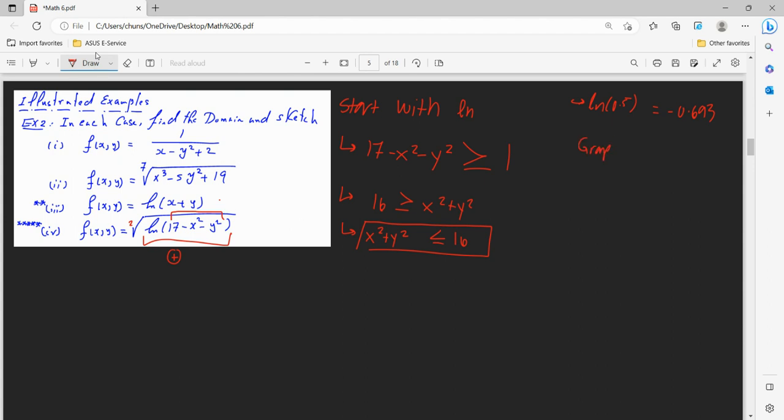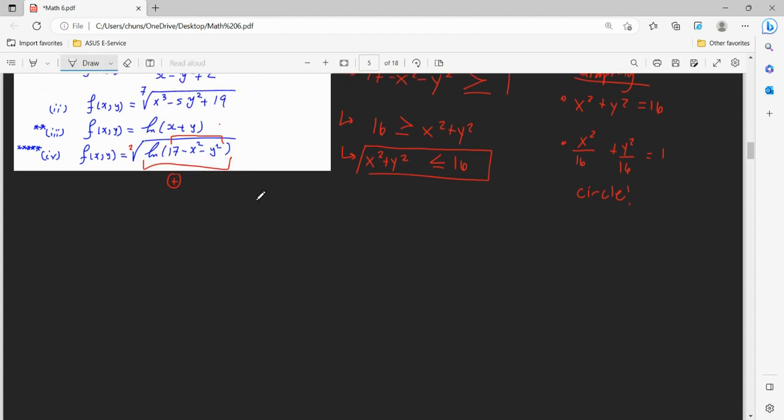Okay, so this is another form of this equation, which we can also use. So if we're graphing now, and we move that 16 over, and we divide both sides by that 16, this is an equation of a circle with a radius of 4 centered at 0, 0 because we have no h, k values.